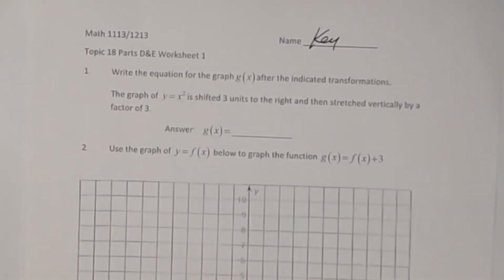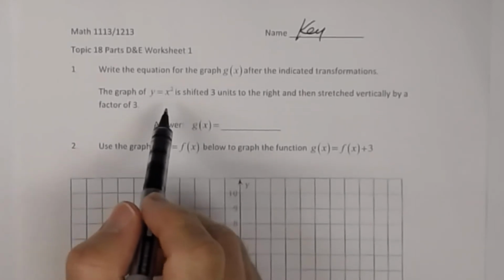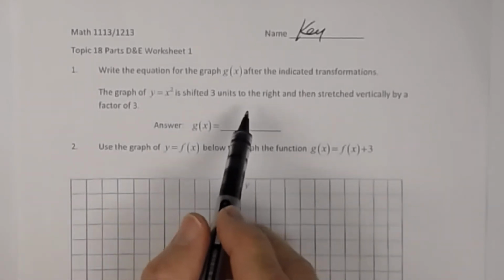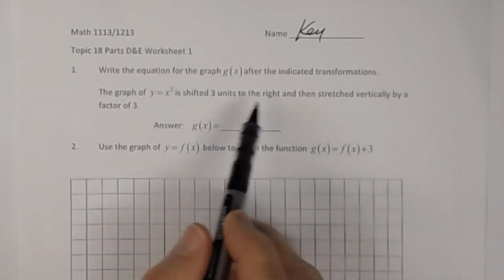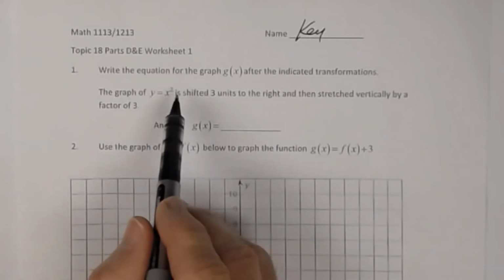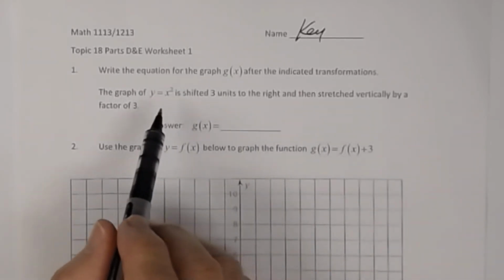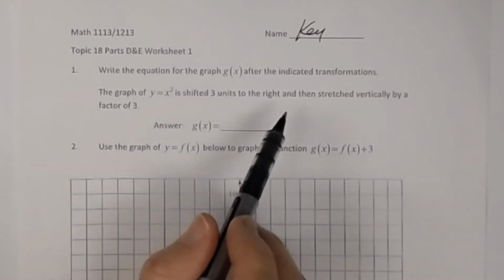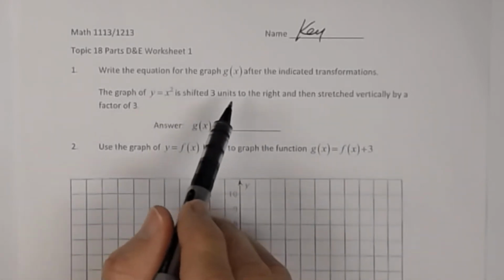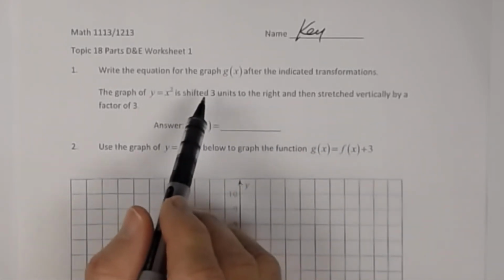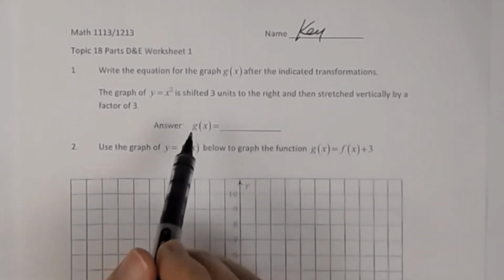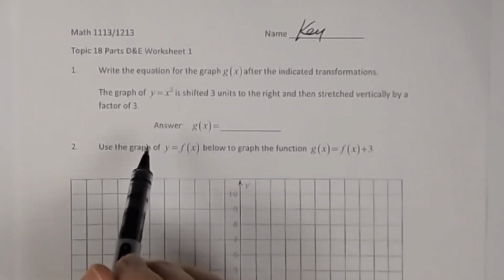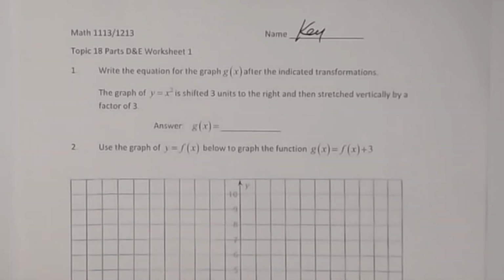All right, so let's look at number one. You have your parent function x squared, and there are only two things that you're doing. The first thing you're doing is shifting it to the right 3 units, and then you're going to stretch vertically by a factor of 3.